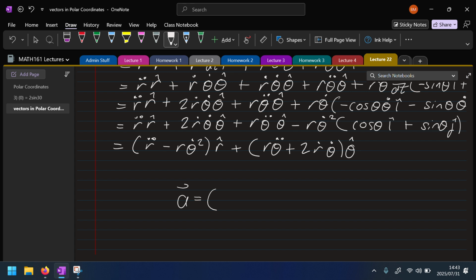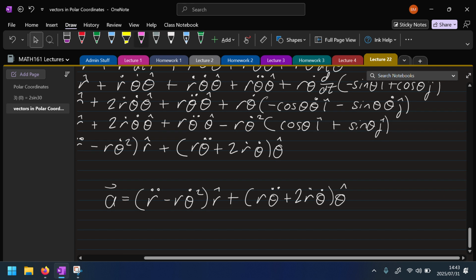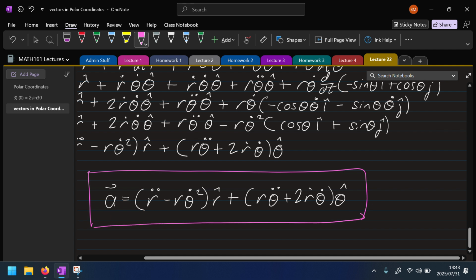So the radial part, that's these first 2 terms. So that's r double dot minus r theta dot squared, r hat. And then the angular acceleration, that will be that second bracket there.